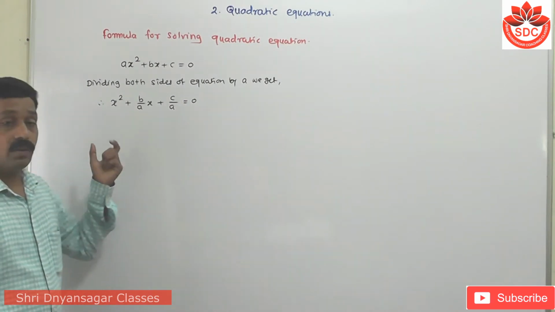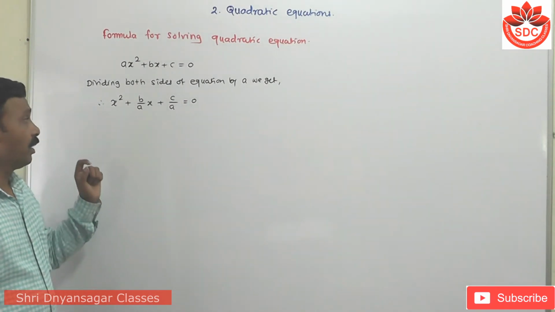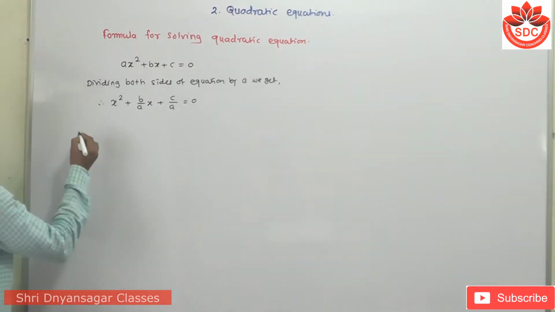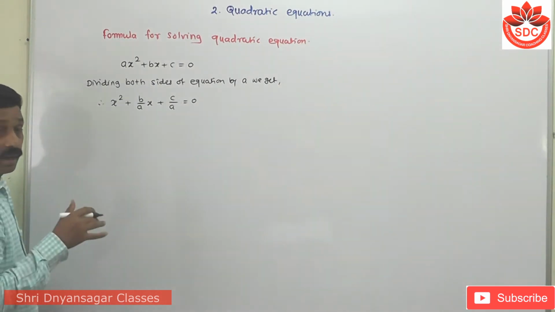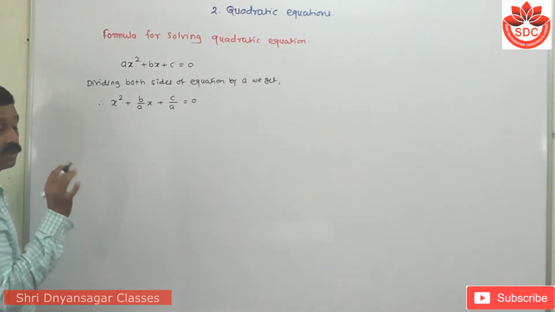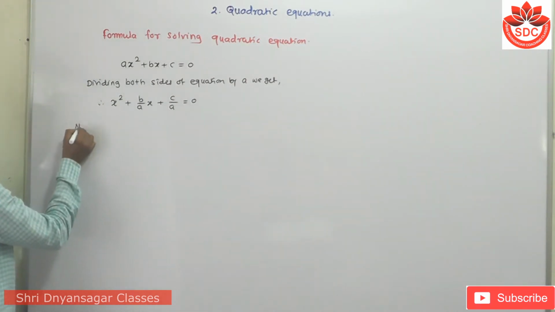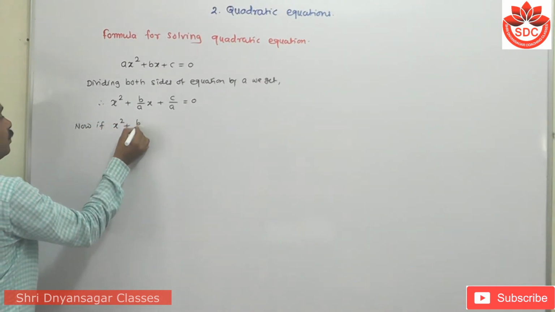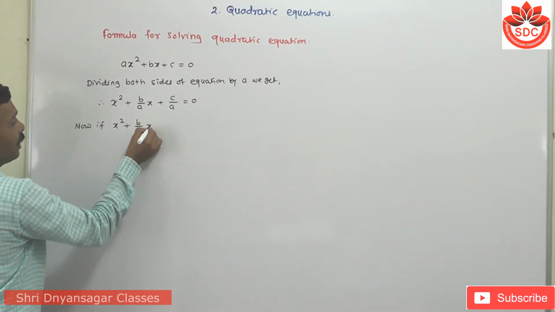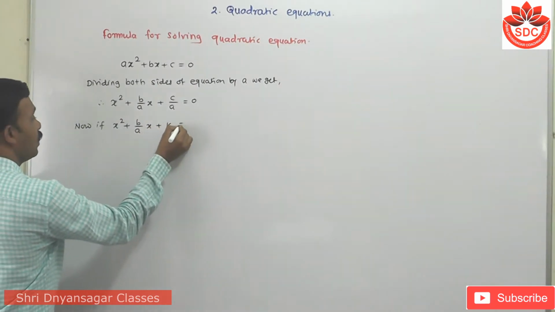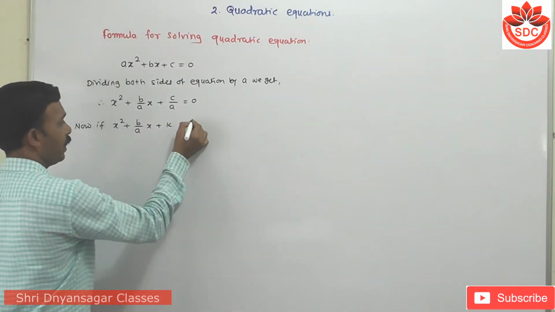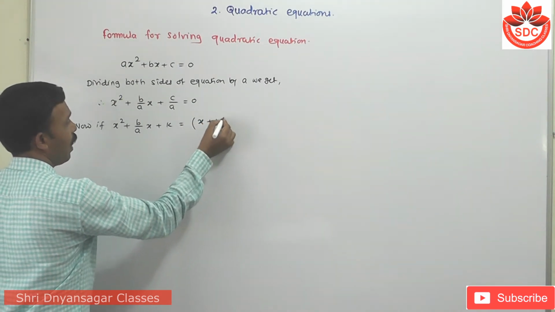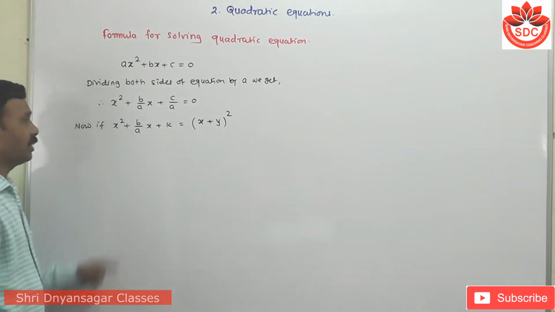Students, we have to find the third term. For finding the third term, we use the process studied in the earlier method, the completing square method. Now, if x square plus b upon a x plus k equals, we take here (x plus y) bracket square, because here is a plus sign.